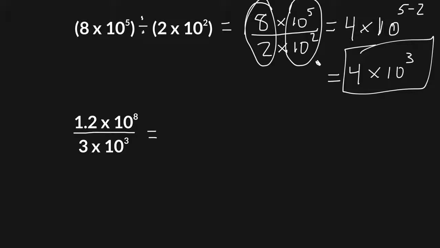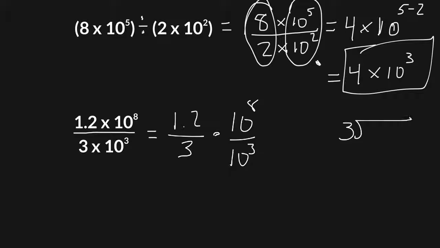Here we're going to have 1.2 divided by 3, and that result is going to be 10 to the 8th divided by 10 to the 3rd. Taking the 1.2 divided by 3 to the side, 3 does not go into 1. Bring up the decimal. 3 goes into 12 4 times.